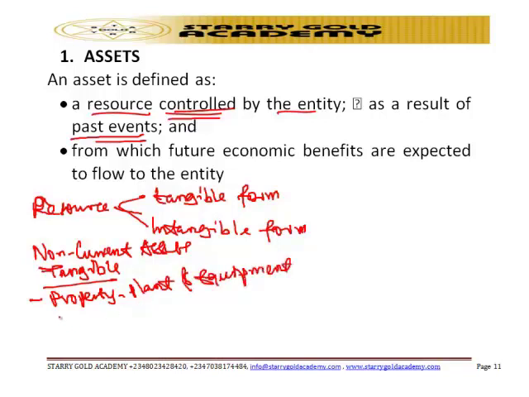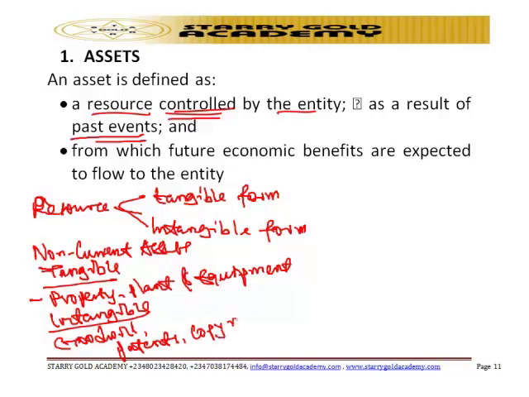And we have intangible. Examples include goodwill, patent right, copyright, and etc. And the other category of assets is what I call current assets.